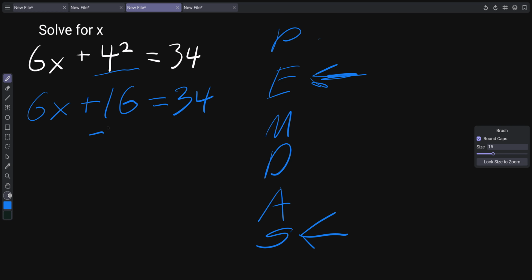So we subtract 16 from both sides of the equation, and the positive 16 and the minus 16 are going to cancel out. We're going to be left with 6x, and that's going to equal 34 minus 16.